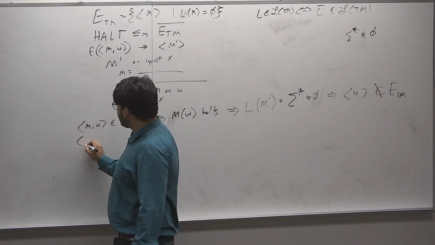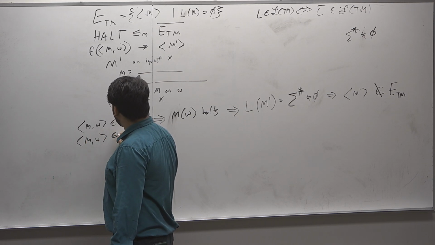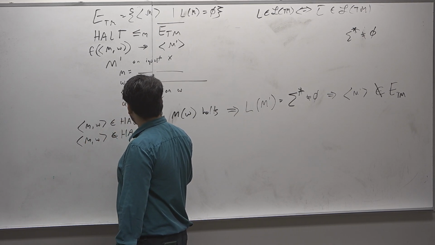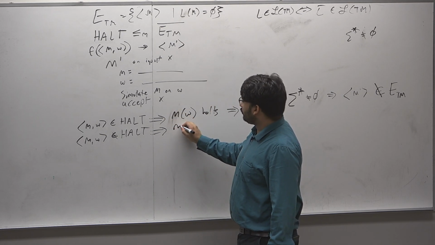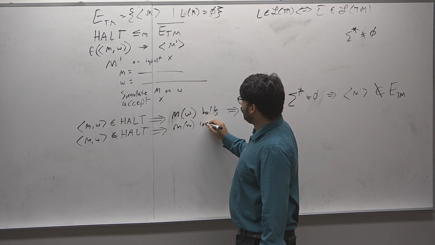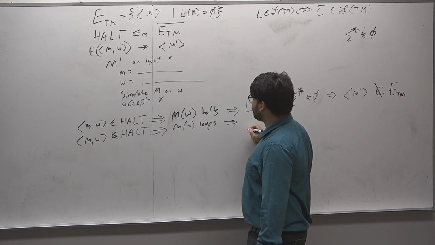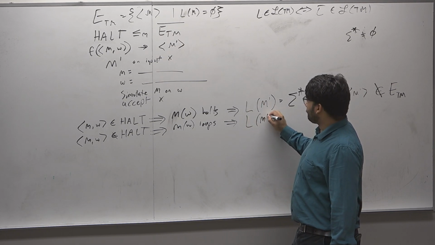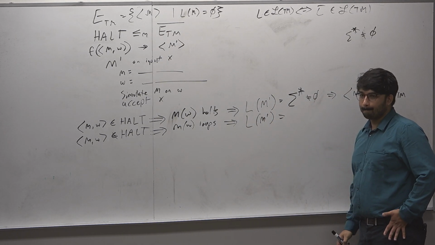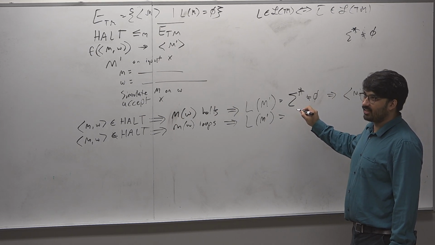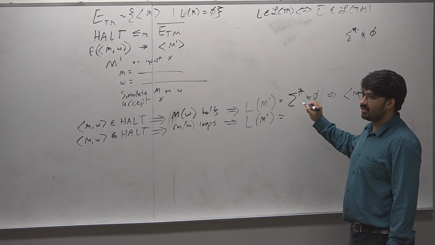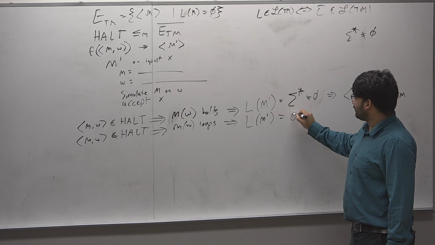Now, suppose that M comma W was not in halt. Then that implies that M on input W loops, right? Which implies, what about the language of M prime? Accepts no strings. Correct. So if it accepts no strings, what is the language? The empty set. Yes.